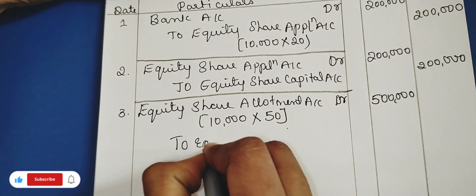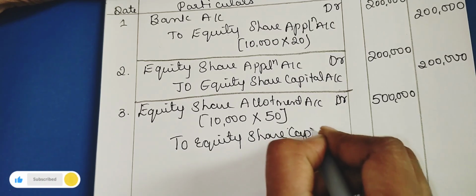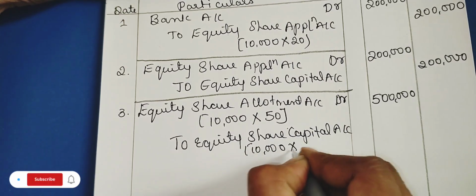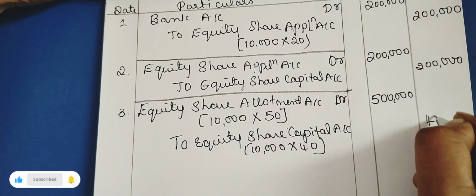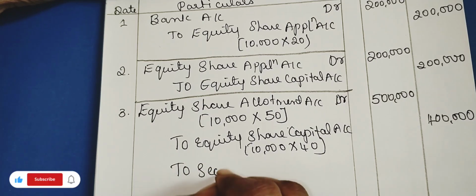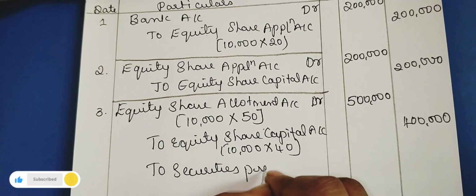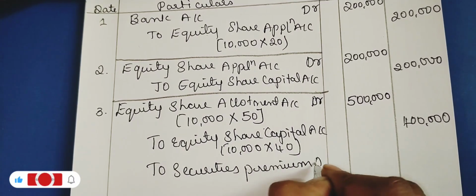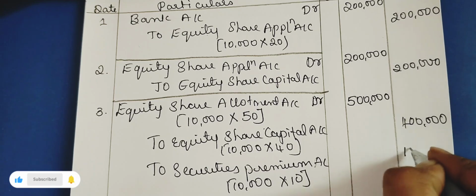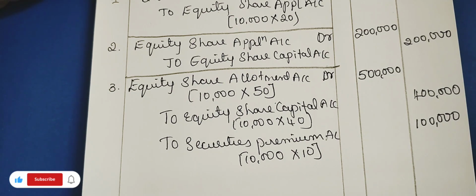To equity share capital account, 10,000 into 40, that is 4 lakh, to securities premium account, 10,000 into 10 rupees on premium, that is 1 lakh. Right? Being share allotment money due.